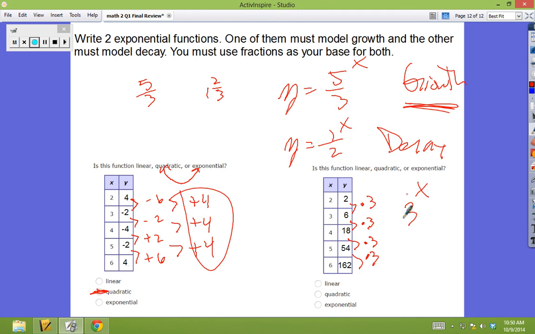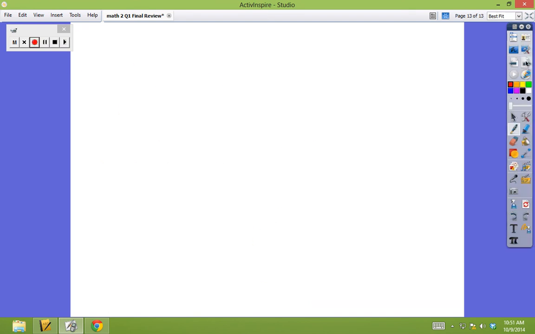So that's going to be the foundation of it. So this one's going to be exponential. Linear, if it was linear, it would be plus 3, so it would be 2, plus 3 is 5, plus 3 is 8, plus 3 is 11. They grow slow, but they grow by plus or minus. And I think that's it. We are done.